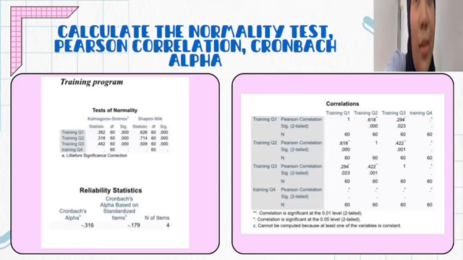The correlation table shows the relationship between the different training sessions. Training quarter 1 and quarter 2 have a strong positive correlation of 0.618, meaning that participants who perform in quarter 1 also tend to do so in quarter 3.